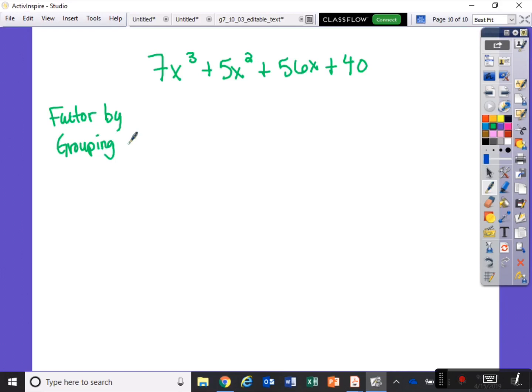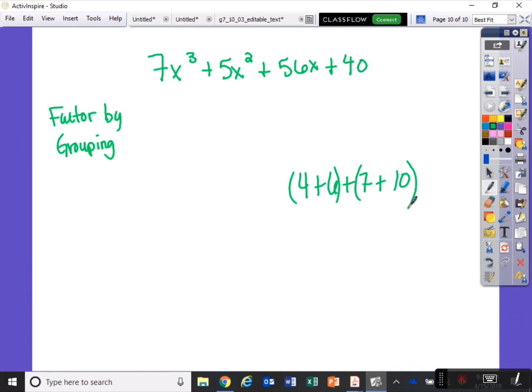Okay, factor by grouping. Now, one of our properties, which property is it? The associative property, I believe. It allows us to group things into different orders. So if I had 4 plus 6 plus 7 plus 10, I could group them and do 4 plus 6 and 7 plus 10.